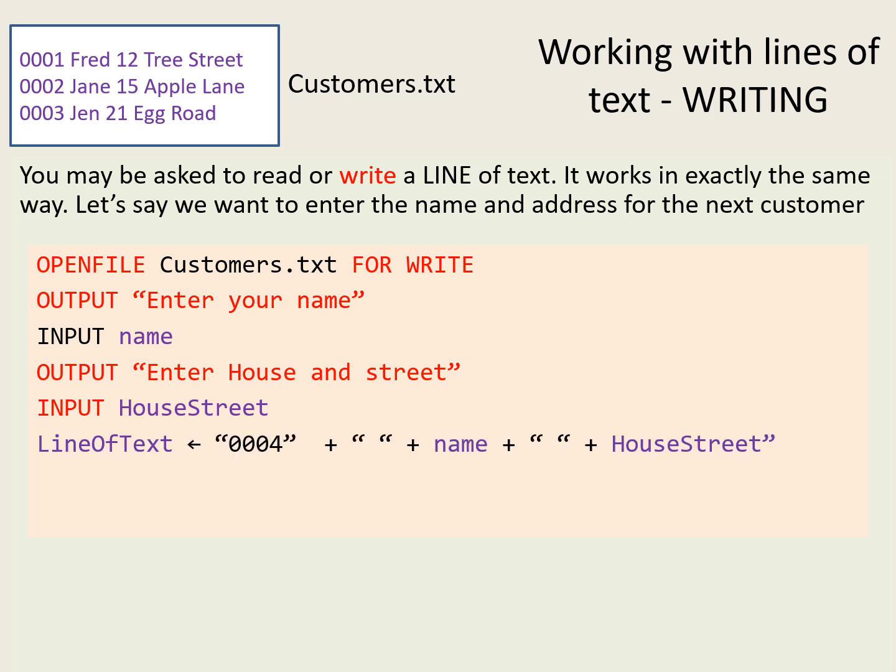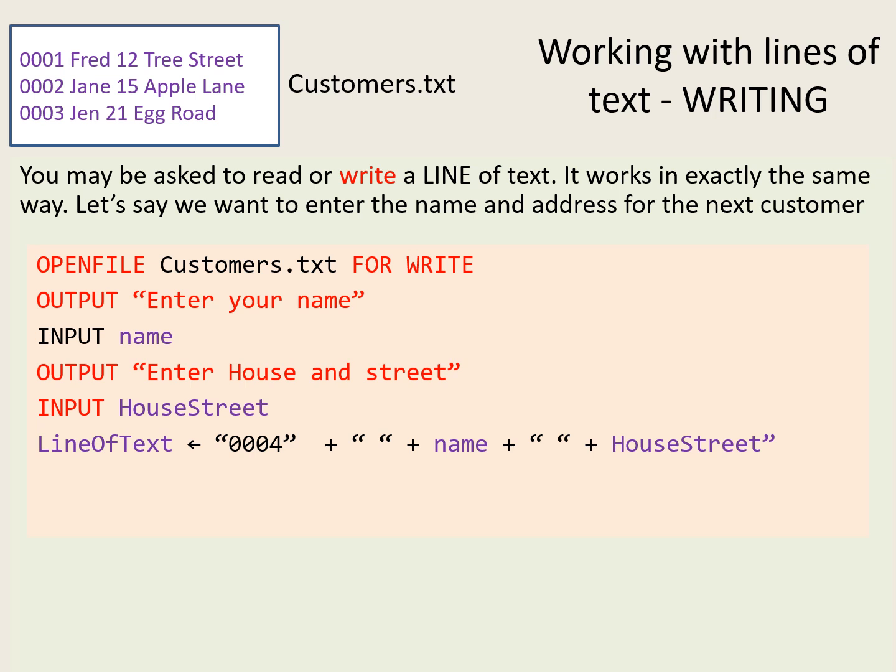Now what we need to do next is construct the line of data that we want to write back to the text file. We need to take the individual pieces of information and put them together, and we're using the concatenate or the plus operator to do that.